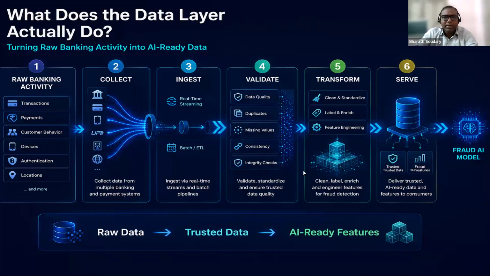So the main objective of this slide is the banking events, the ingestion, validation, data platform, feature pipeline, fraud AI model, and risk scores. The banking and payment sources are the core banking activities, card, UPI, mobile banking, merchant gateways, and authentication system.